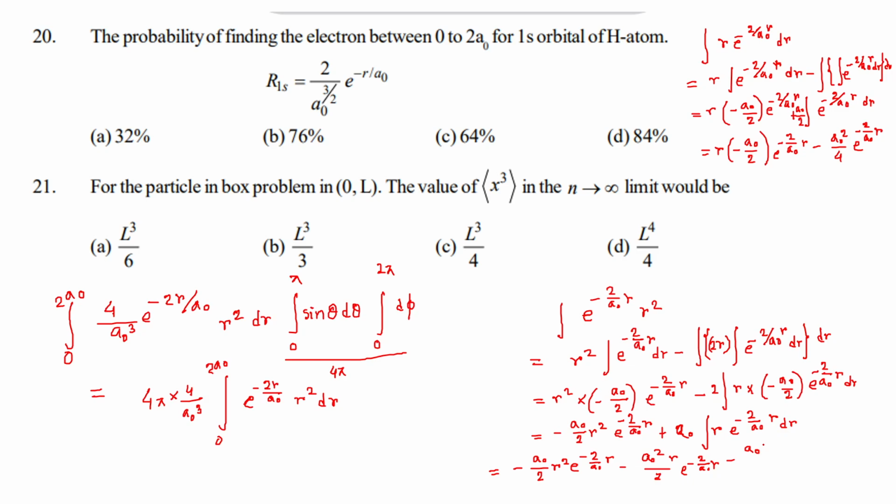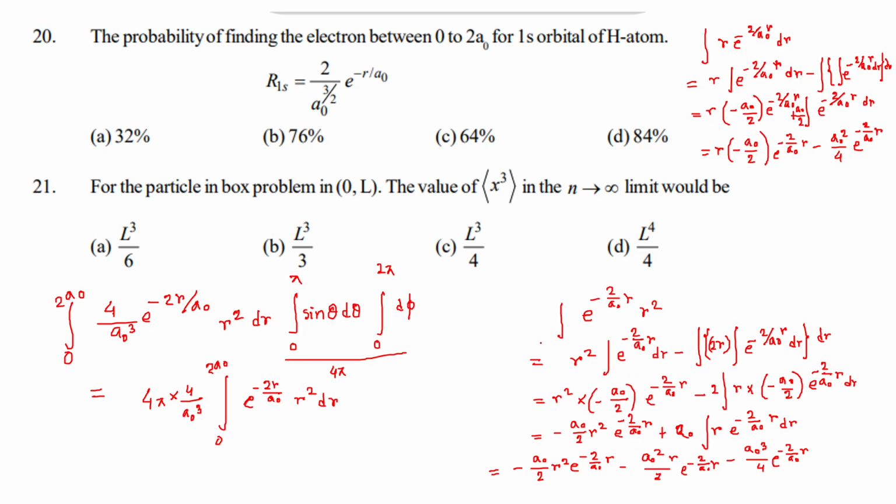This time it would be a0 cube by 4 e to the power minus 2 by a naught r. I think I have made it complicated. Anyway, it's very complicated.